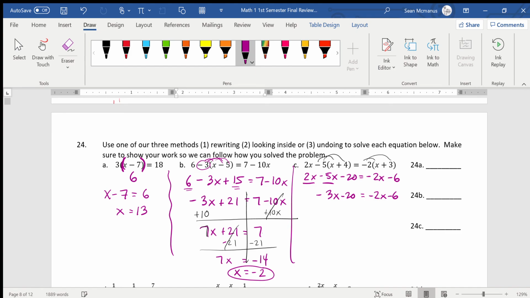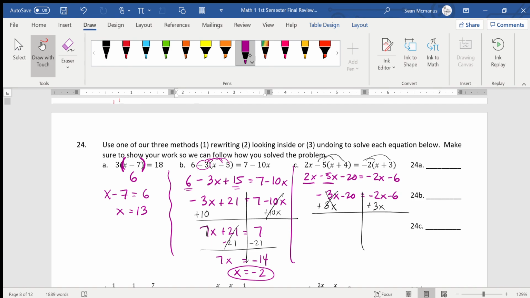So all I did was distribute everything and then combine the like terms. Now I have to do the undoing. Right? I have to undo the other stuff to get the x's by itself. So all the x's are negative on both sides, so I'm going to have to add. If I add 2 on the right, then on the left I'd add 2, it would still be negative. So I'm going to choose to add 3 here, because I know they'll cancel, and when I add 3 here, it makes it positive.